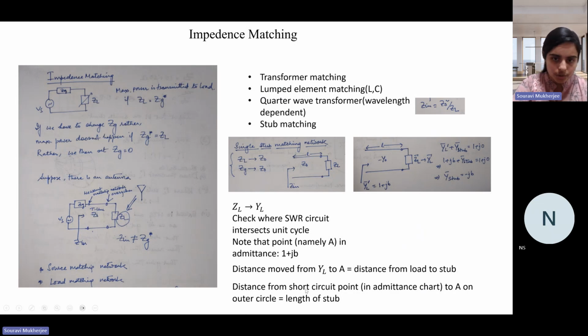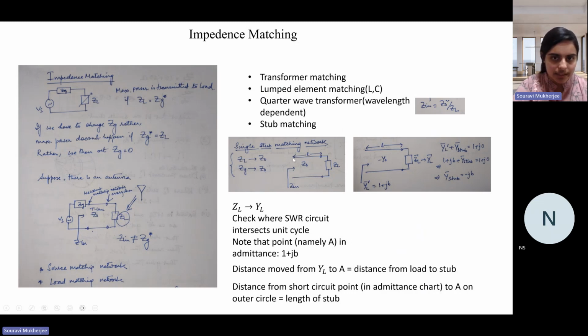So from the short circuit point in the admittance chart to A, which corresponds to 1 plus jB, where B comes from the Smith chart, that distance gives you the length of your stub. That's how one can find the length of the stub that is necessary, and also the distance from the load to the stub in order to do the matching.